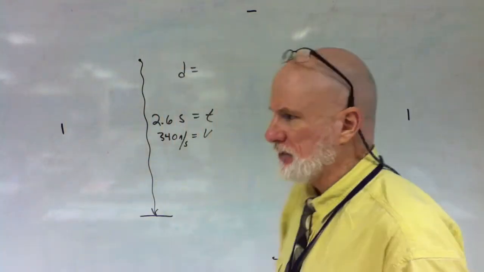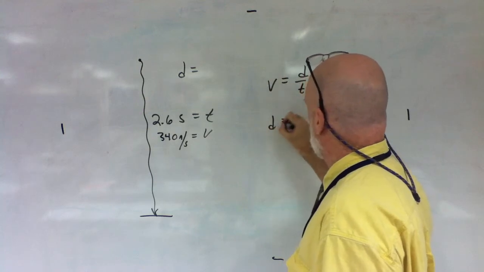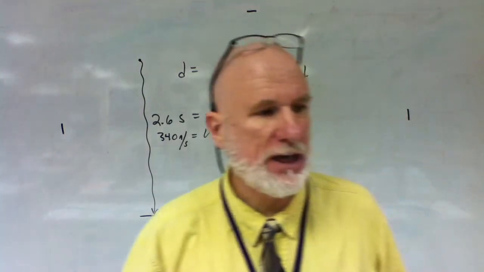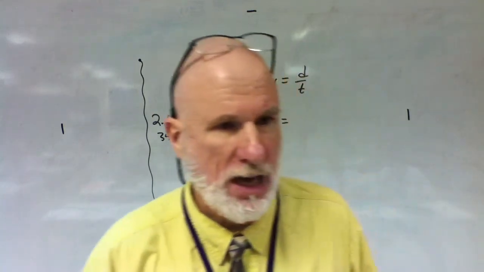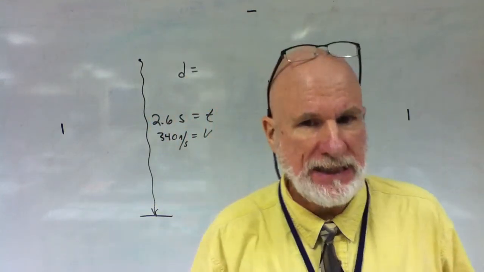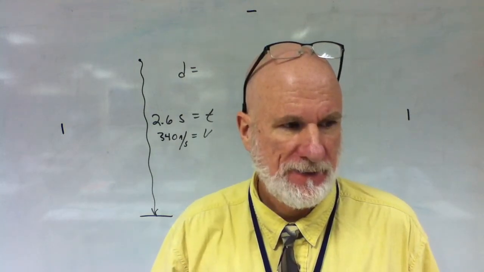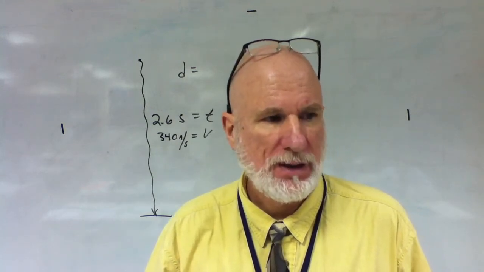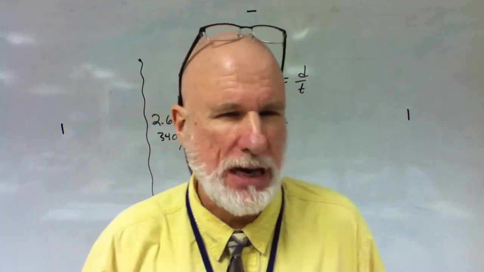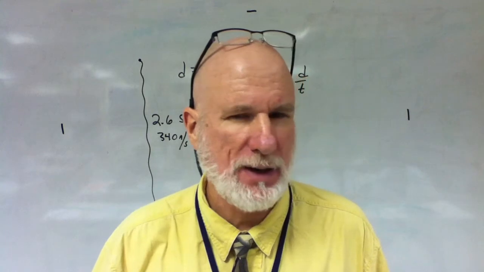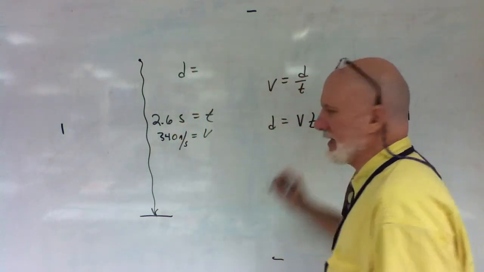Solve V equals D over T for D. Solve for D, but solve for the equation. 884. No, I understand that, but solve V equals D over T, solve for D. What does D equal? 884. Yes, thank you, I know that, but in terms of the variables, he's doing the problem for me, he's not really getting what I'm saying. It's going to be D equals VT, guys.